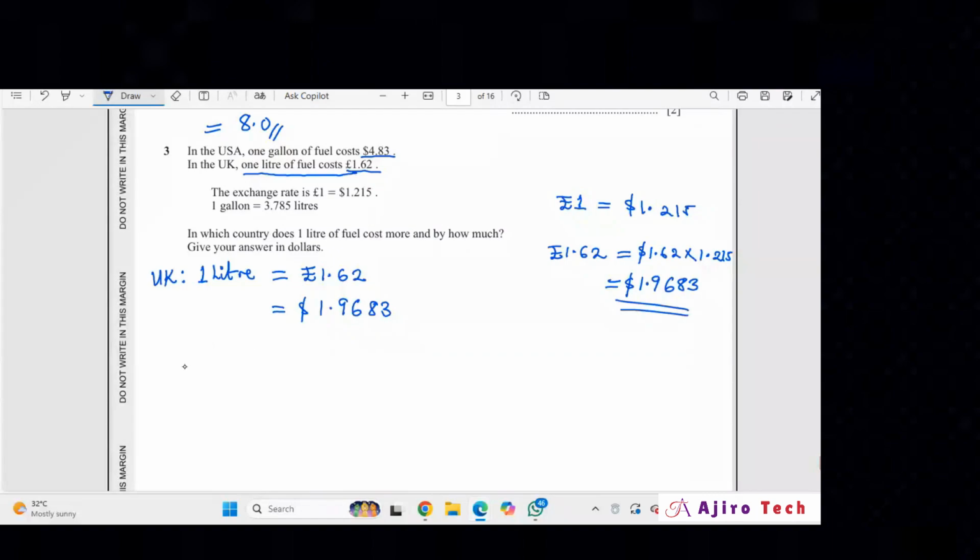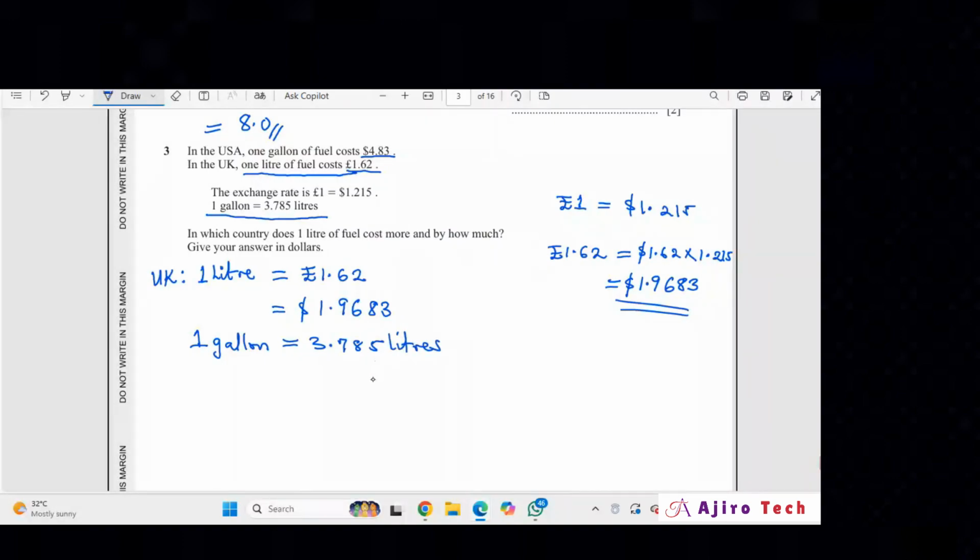The next thing we need to get, let's look at the next one, which is 1 gallon. We know that 1 gallon is equal to, look at it here, 3.785 liters.